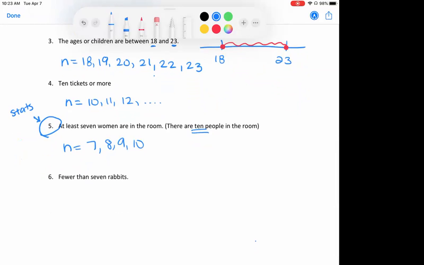Number 6, fewer than 7 rabbits. So if I want fewer than 7 rabbits, big question, fewer than 7. If I draw it on the number line, fewer than 7, I would shade towards the left, so I want smaller than that.